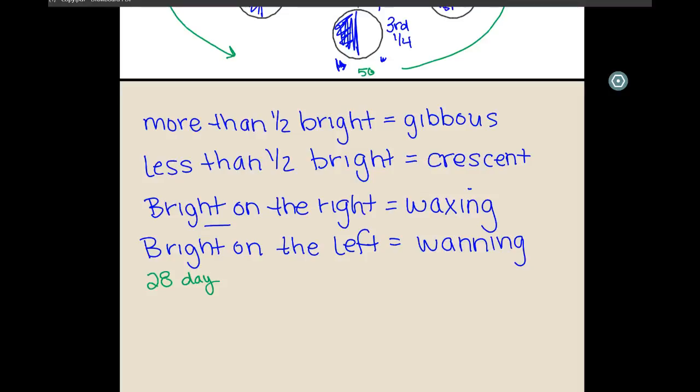So I could ask the question, if it is the first quarter moon, how many days until the third quarter moon? So we know that they're opposites, so you could think, well, it's going to be half the cycle, so it'll be 14 days.